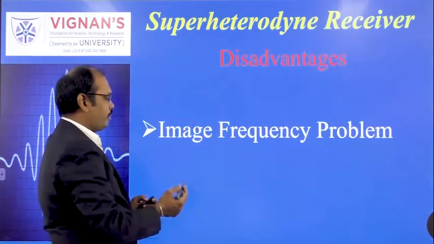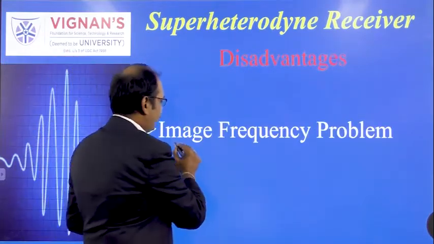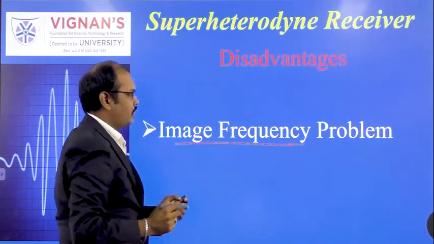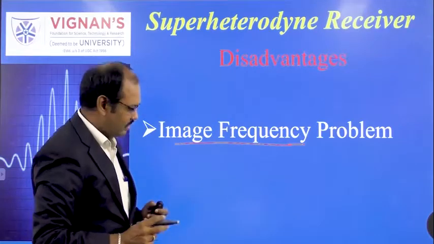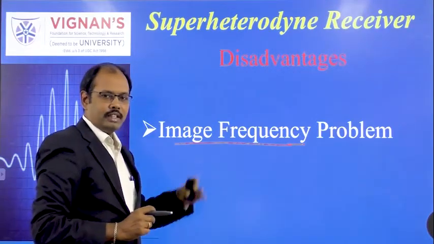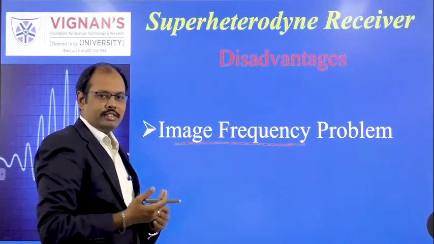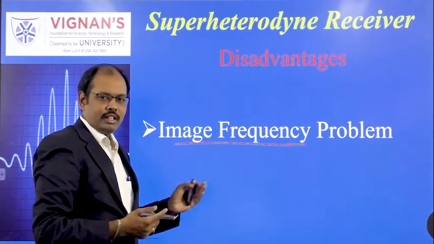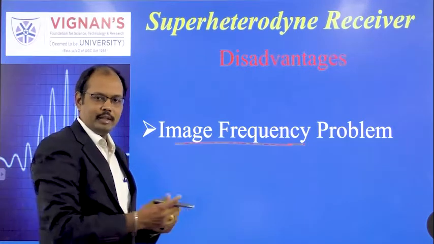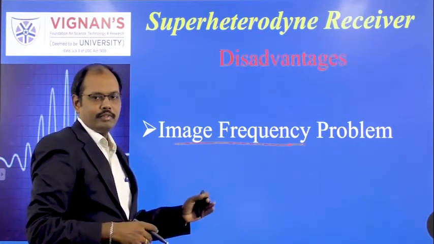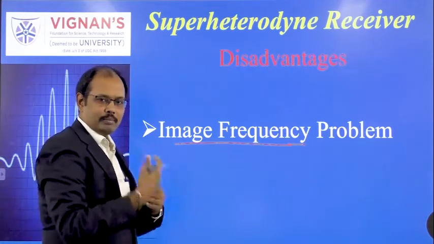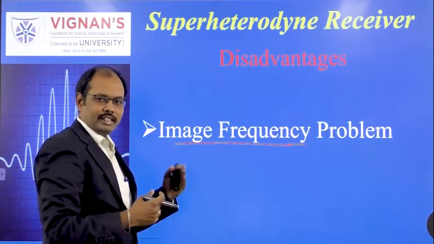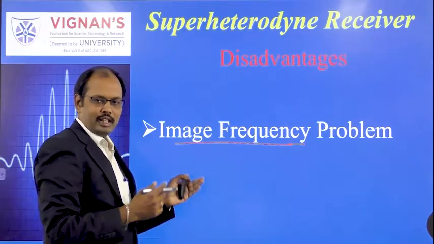Disadvantages: the only main disadvantage is the image frequency problem. What does image frequency mean? I am doing either up conversion or down conversion, making the signal an intermediate frequency of 455 kilohertz, and there are some other signals which will more or less get the same value as the intermediate frequency.